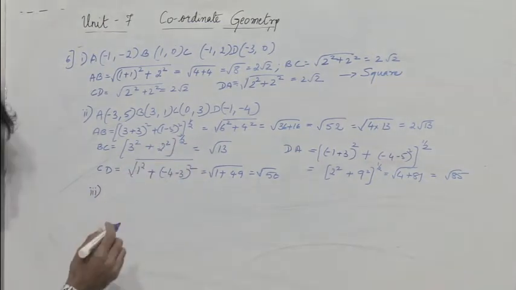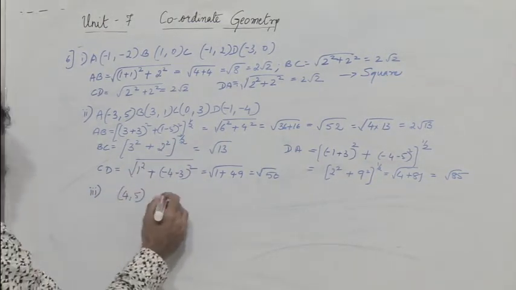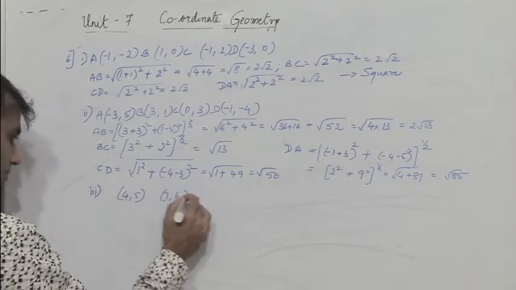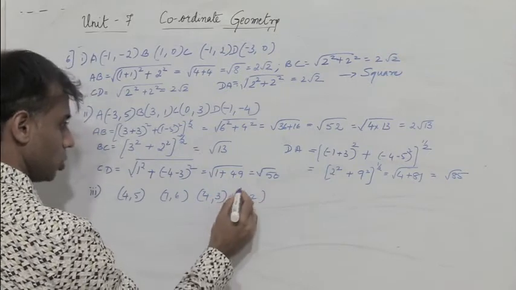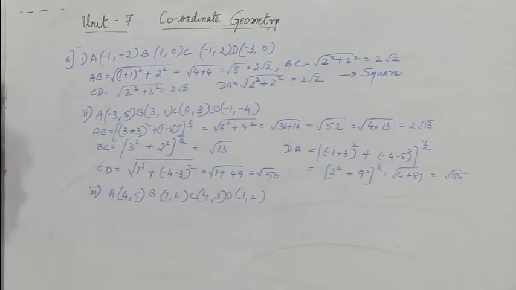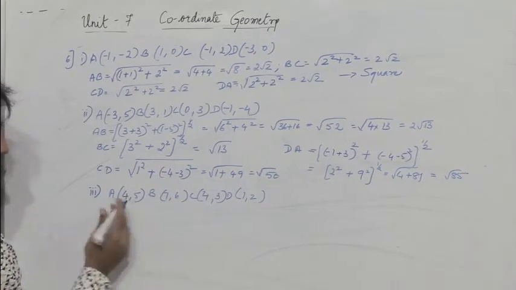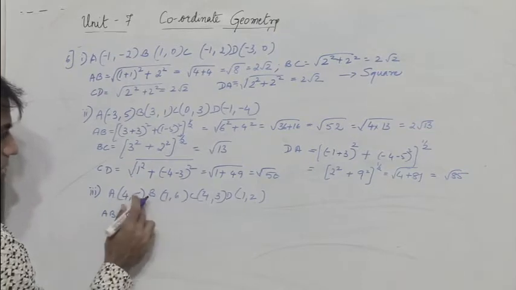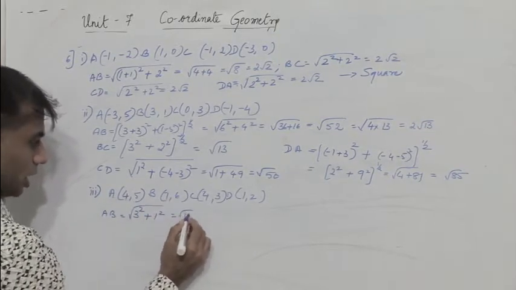So problem 3, we have points as 4, 5; 7, 6; 4, 3; 1, 2. So let this be A, B, C and D. So I have AB, which is 7 minus 4 is 3 squared, 6 minus 5 is 1 squared, so which is root 10.